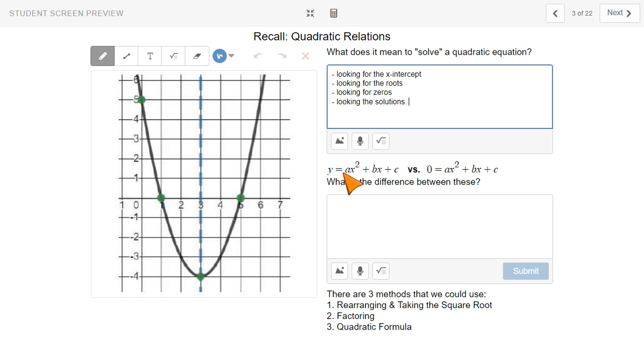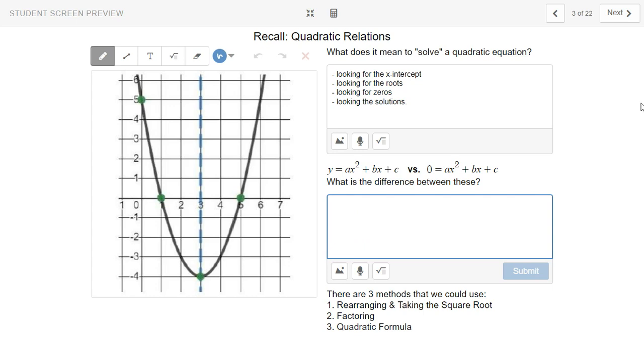Let's look at these two equations. I have y is equal to ax squared plus bx plus c. Compare that to 0 is equal to ax squared plus bx plus c. What's the difference between these? Well, one of the big differences is that in our second equation, we have y is equal to 0.